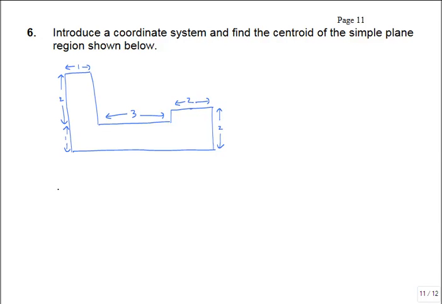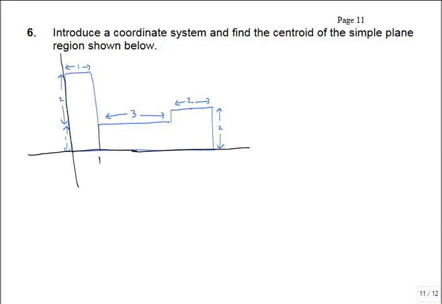So what I'm going to do to make the most sense is I'm just going to let this be my y-axis, and I'm going to let this be my x-axis. And what we're going to do here when we get this sort of shape here is we're going to chop it up into simpler shapes that would be fairly easy to find the centroid of if you just had that one shape by itself. So the easiest way to chop this up is to maybe put a chop right here.